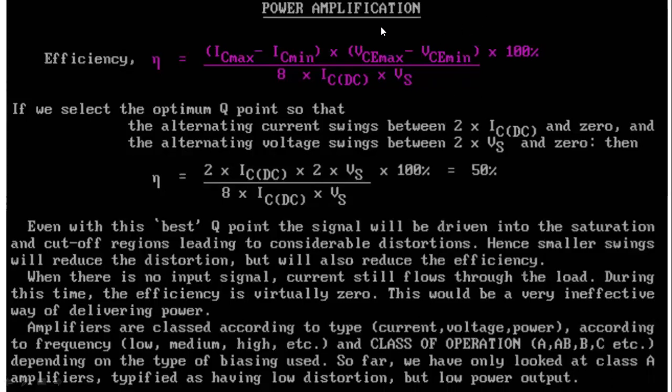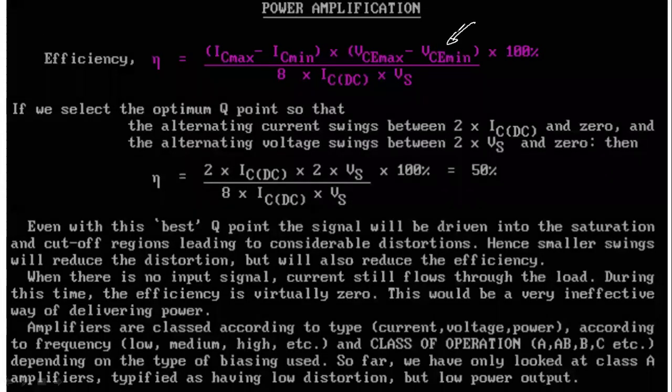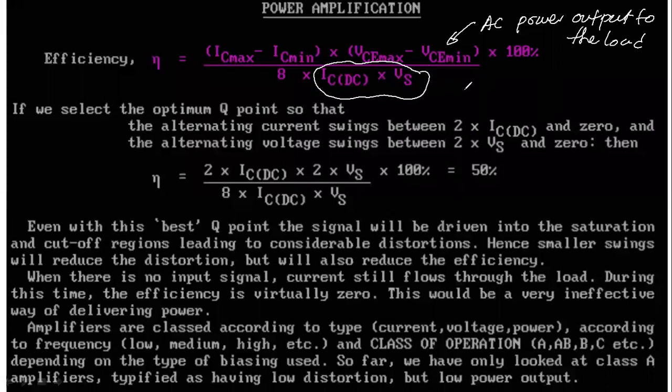This term represents AC power output to the load, and this term represents DC power taken from the supply.